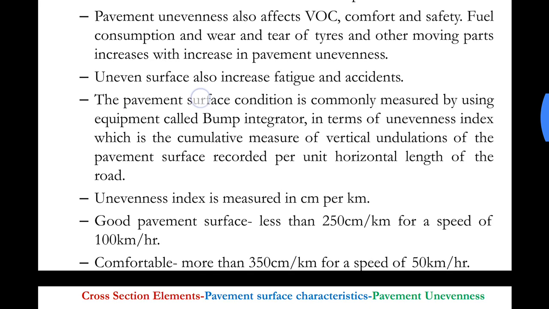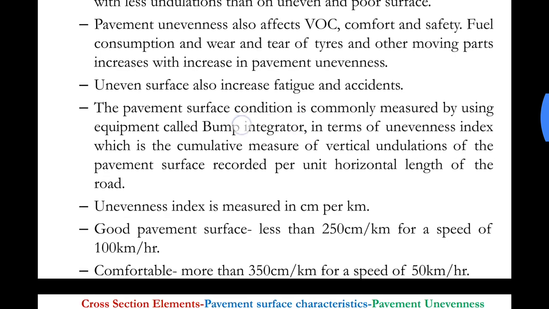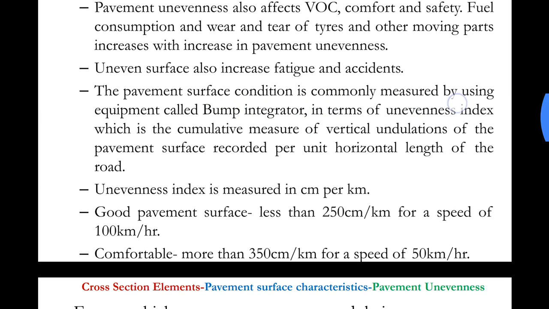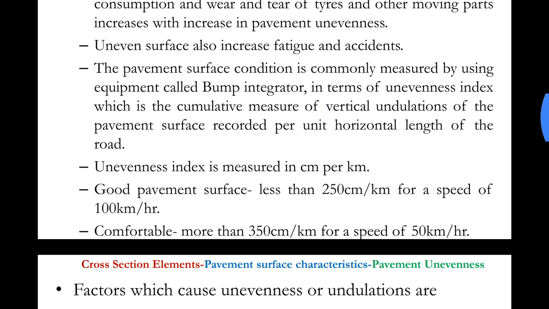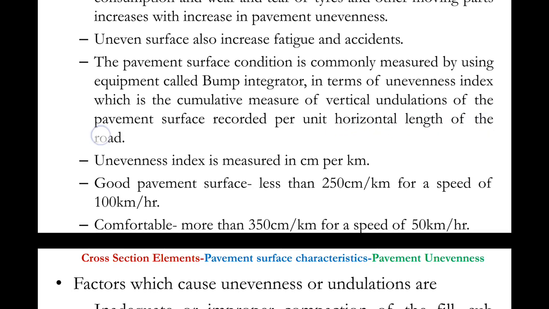The pavement surface condition is commonly measured by using equipment called a bump integrator, in terms of unevenness index, which is the cumulative measure of vertical undulations of the pavement surface recorded per unit horizontal length of the road.